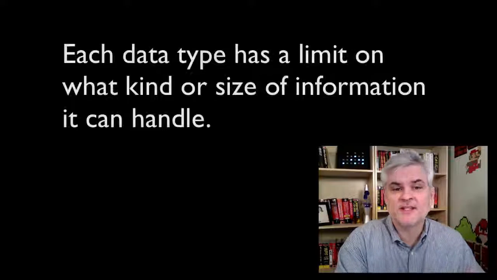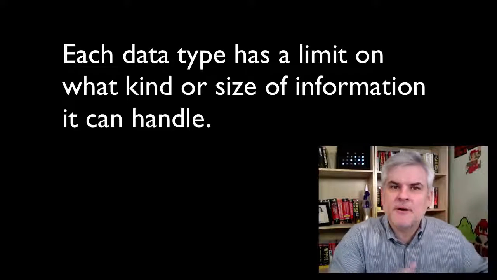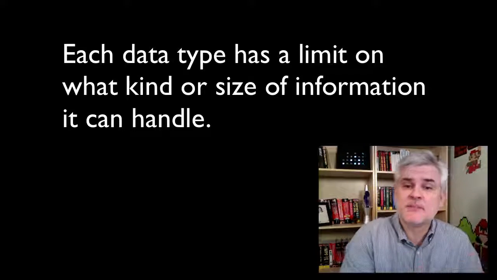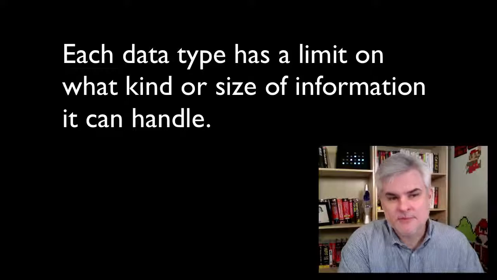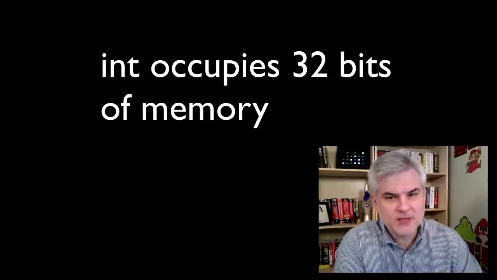But each data type has some limits on what it can store, and those limits are based on the size of the bucket. We used that bucket analogy yesterday. The size of the bucket required in the computer's memory. So let's take a simple int, for example. We said it can hold numbers, but let's get a little bit more specific.